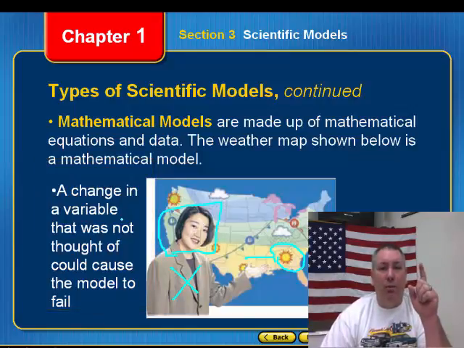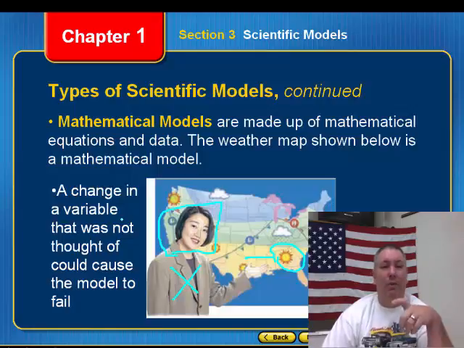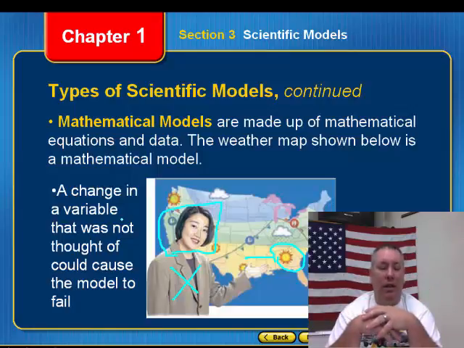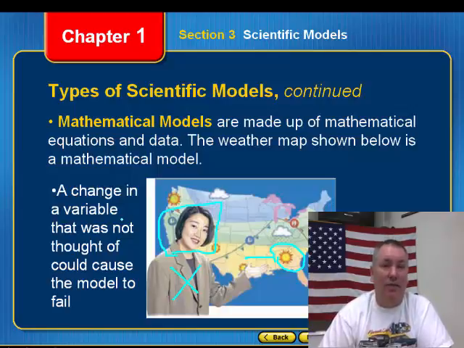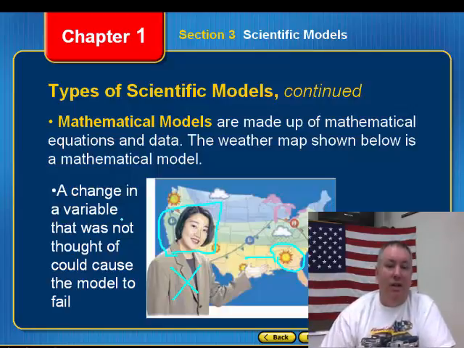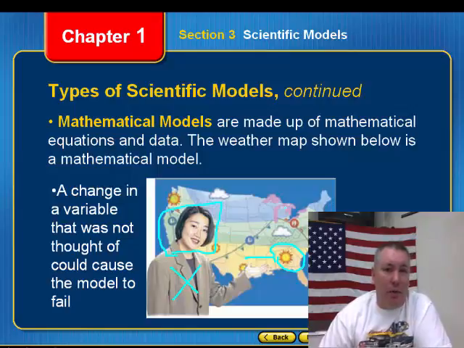So one tiny variable that they didn't take into account when they were designing what the weather was going to be for the day could throw the whole thing off, and instead of having 80 degrees and sunshine, we have 70 degrees and downpours. That's the reason why weathermen can be wrong: one unforeseen variable changed the entire model. And you guys know that if you plug a wrong number into an equation in Ms. Boyd's room, you're not going to get the right answer.